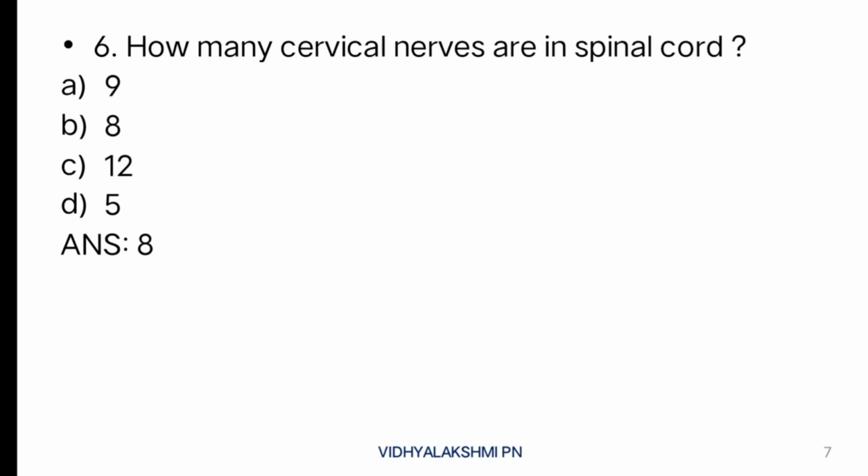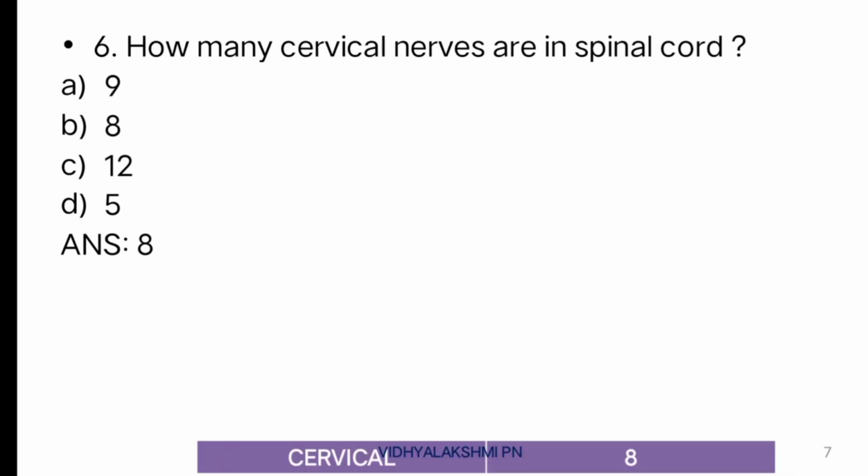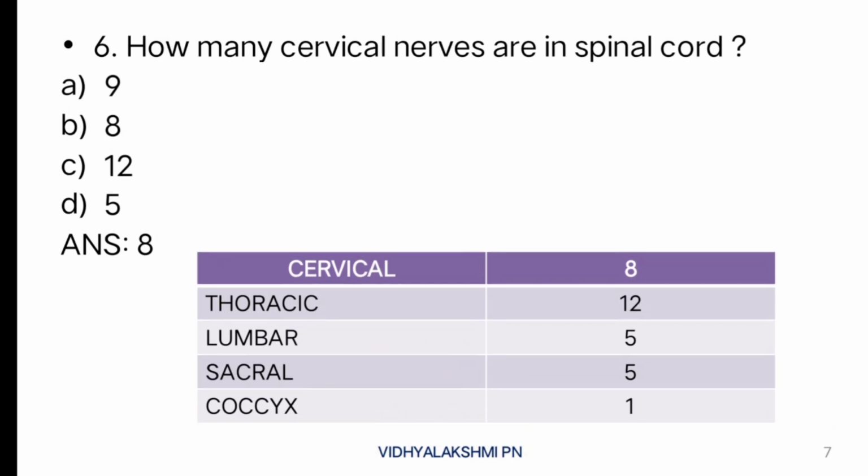If they are asking about lumbar, we can say it is 5. If they are asking about the thoracic nerves, we can answer 12. These are all direct questions, so we have to learn by heart how many nerves are there in the spinal cord. We have about 31 pairs, and for each cervical, thoracic and so on, we have their own nerves.